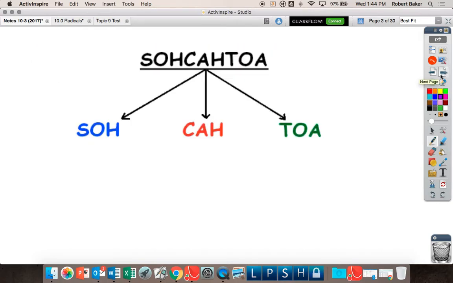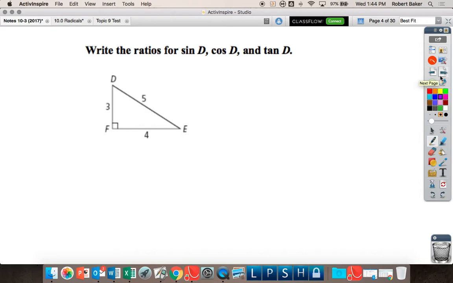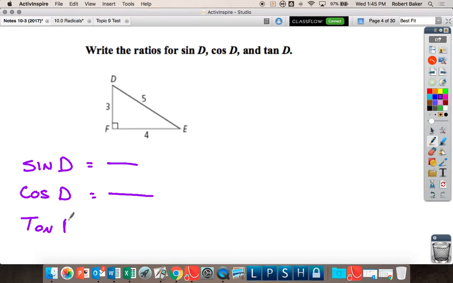I want to do the sine of D, the cosine of D, and the tangent of D. So when I set those up, I know it should be the sine of D equals something over something. The cosine of D equals something over something. And the tangent of D equals something over something.